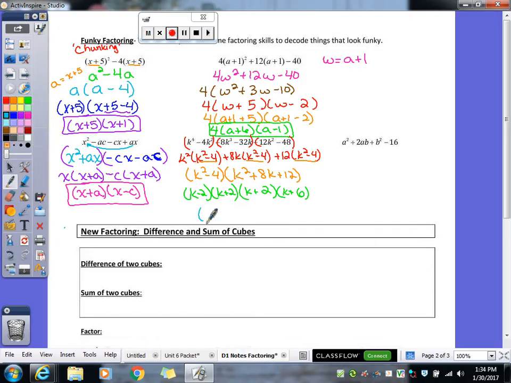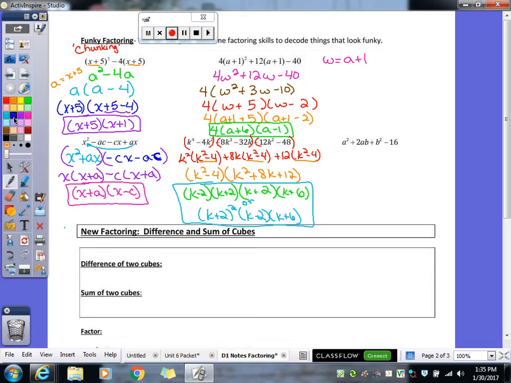Yeah, k plus 2 squared. And then our k minus 2 and our k plus 6. So either of those two would be right. I like to show you both just in case you happen to have a question like this as a multiple choice. You might get this first answer here, but they have it written as a second answer as a choice. So you got to make sure you understand that those are the same thing.